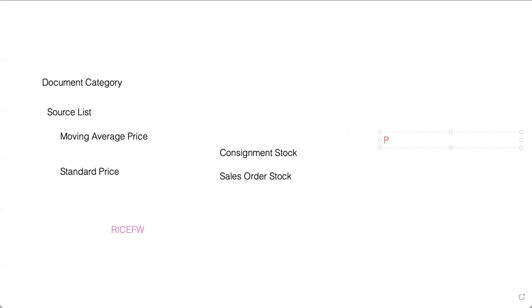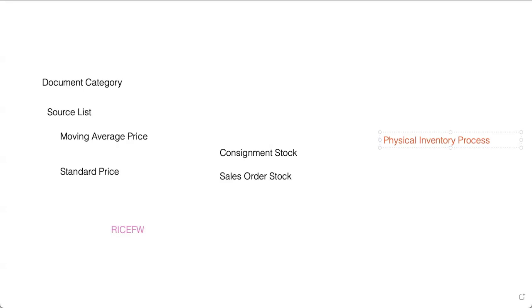So, do you know about the physical inventory process? Yes, sir. What is the benefit of the process, and can you tell the sequence of steps? We do the physical inventory process to verify the physical stock against the system stock.